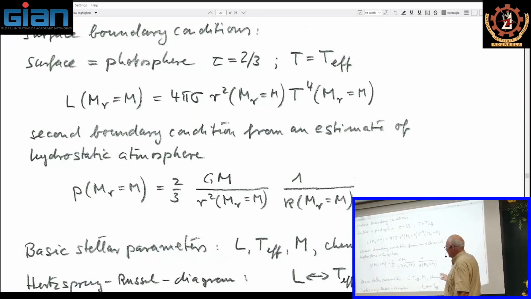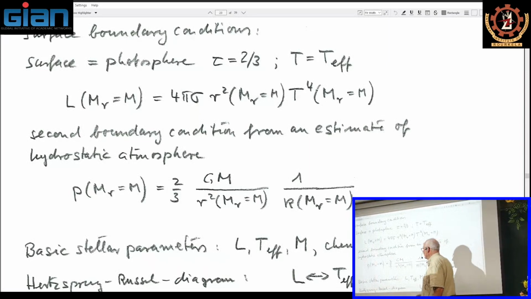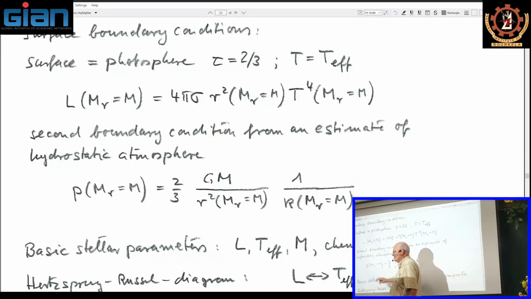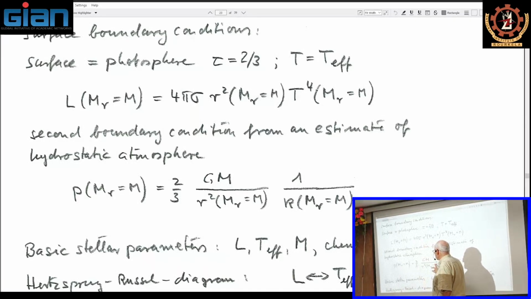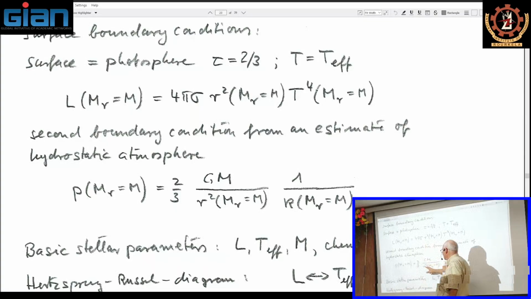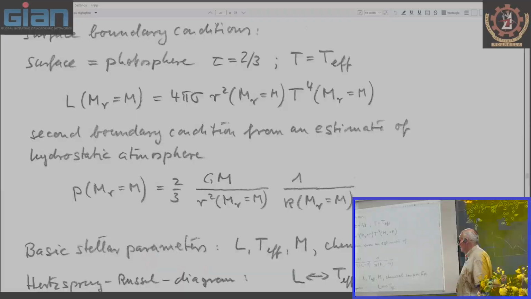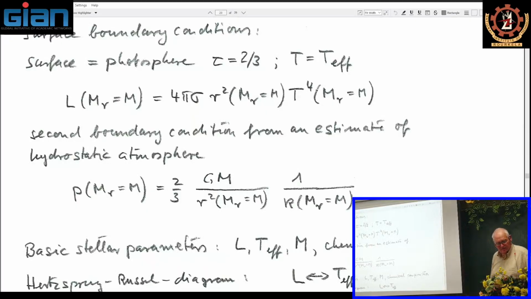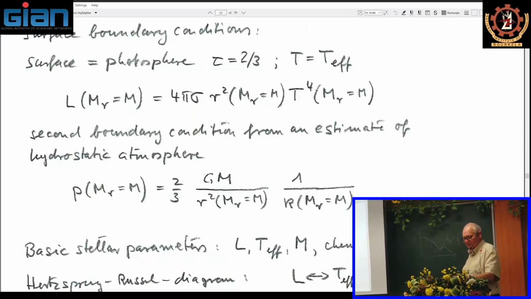Then we end up with this estimate for a prescription of the pressure at the outer boundary, which is given by the... I discussed this in detail at the beginning of this section.